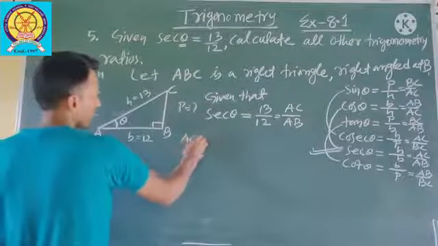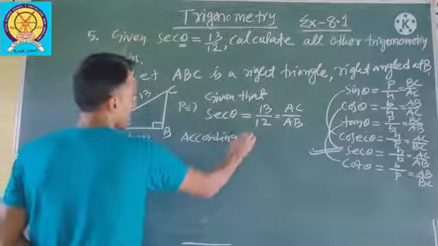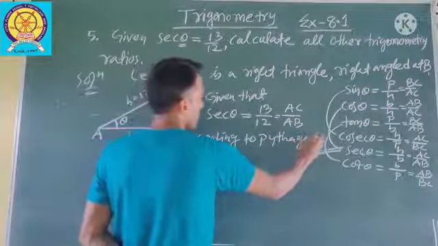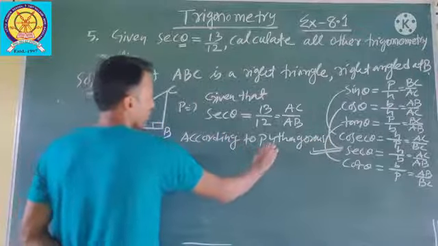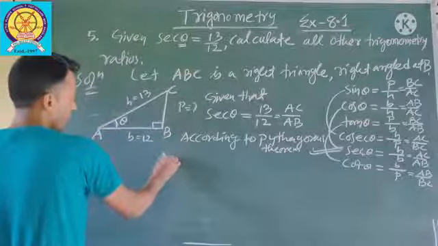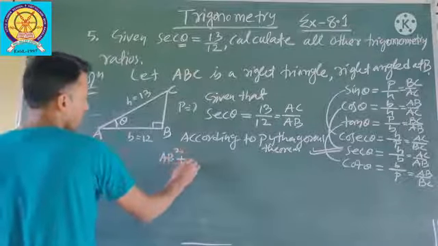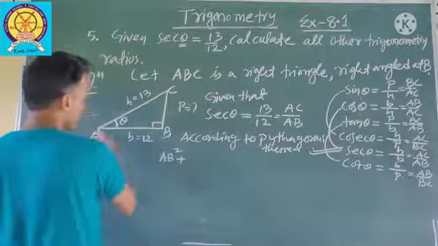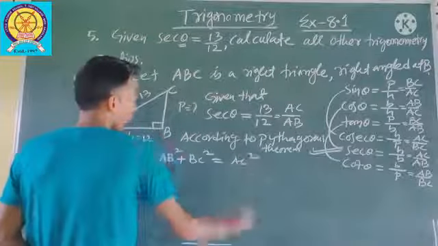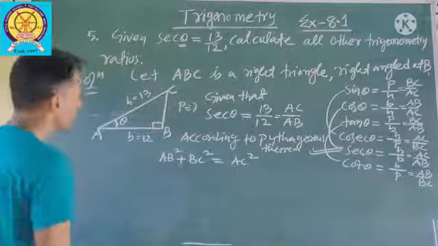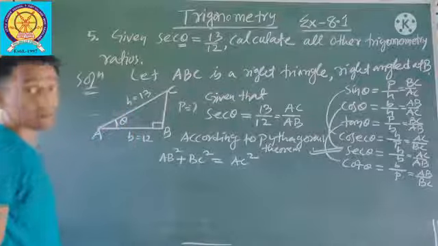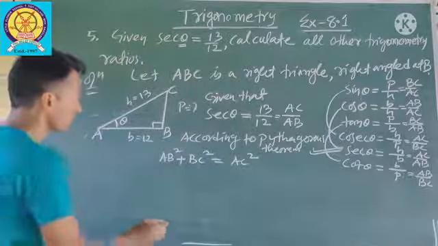So according to Pythagoras theorem, we know the sum of the squares of two sides is equal to the square of the hypotenuse. Hypotenuse square is equal to the sum of the squares of the other two sides.